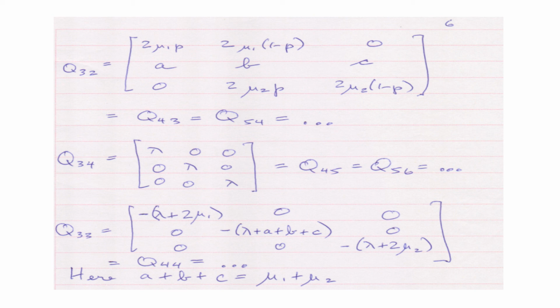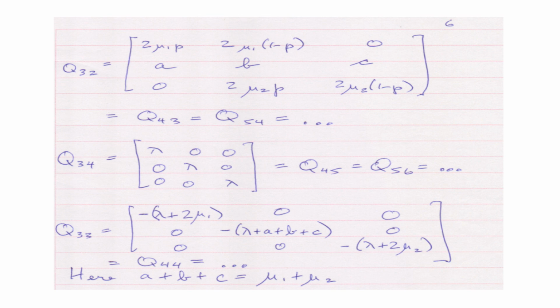I would point out that here we have this A plus B plus C, which we had defined when we were talking about our state diagram. And if you look at the definitions of A, B, and C and sum the three pieces, you find that that sums to mu1 plus mu2.